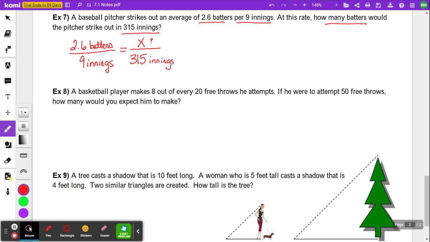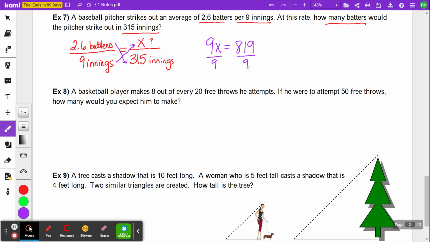Okay, so now we have our proportion, and we have to cross multiply in order to solve, just like we did on the other side. So if I take x times 9, I get 9x. If I take 2.6 times 315, we get 819. These are equal to each other, and then we divide and solve.